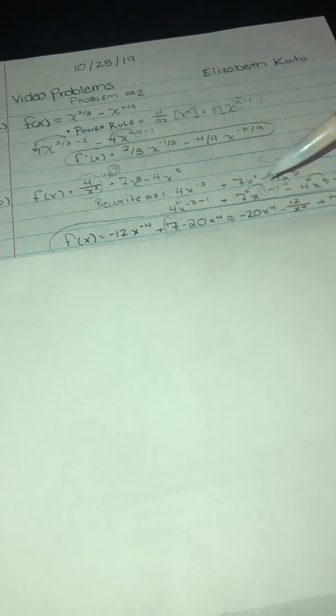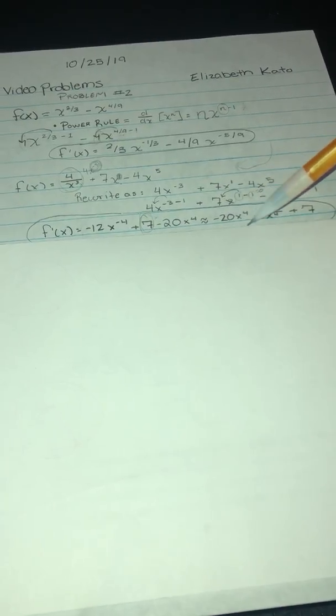And anything to a 0 power always equals 1. So you would just get rid of this. That would become 1, then 7 times 1 is 7. When you rewrite this, though, you want to write it as negative 20x to the fourth minus 12 over x to the fourth plus 7 in order to get your f prime value.